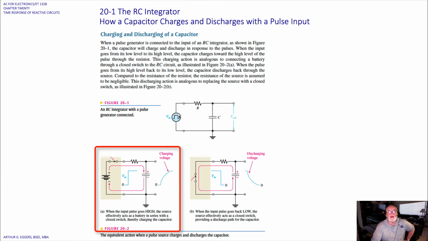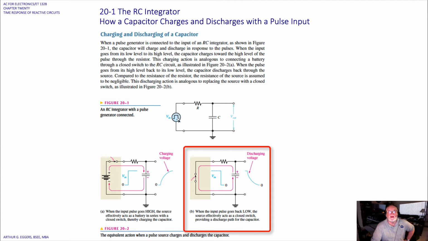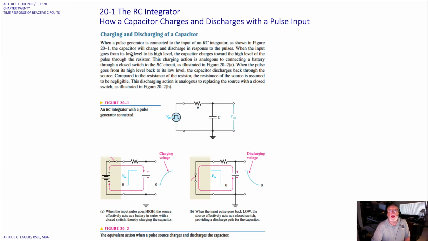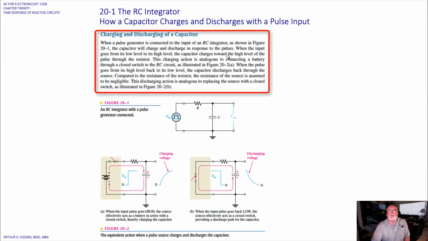On the trailing edge, we've got the high down to some 0 value. So when the input goes from its low level to its high level, the capacitor charges toward the high level of the pulse through the resistor. But it can't do it instantaneously. It's going to do it as a curve.